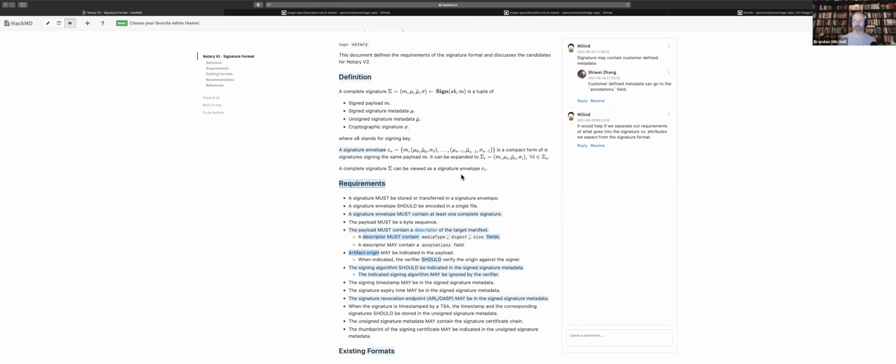Yeah. So I want to be clear on what gets baked in, what are attributes that Notary V2 considers when doing verification, versus what set are additional metadata that is just passed on and can be used to do any custom logic. The biggest risk if you don't do any tag signature checks is that someone can push a tag that is signed, but it's old, it's got known vulnerabilities.